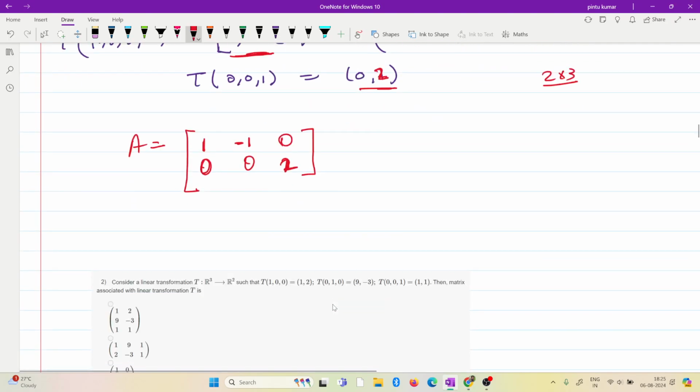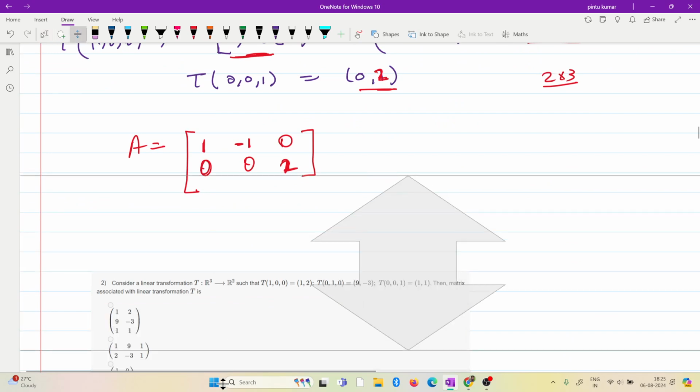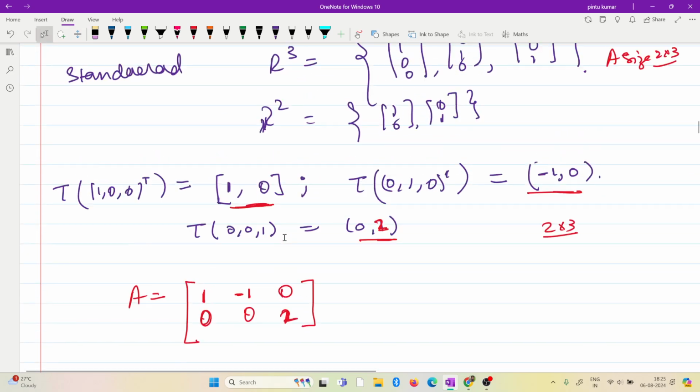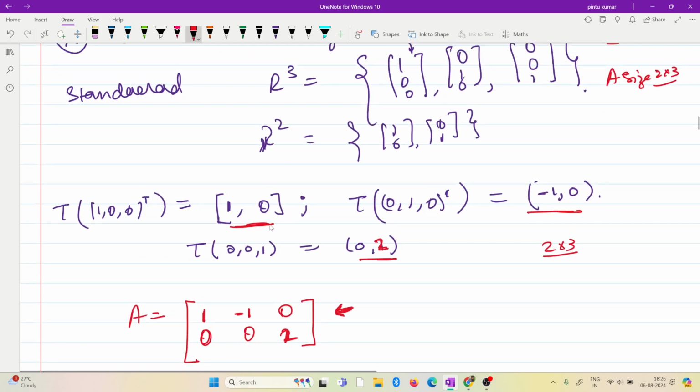Okay, so I'll continue. Let's say you obtain your matrix in such a way, whatever process I define. Now, if you want to obtain the image of an arbitrary vector, let's say x, y, z, then you can write x, y, z in terms of the basis elements of your R3.